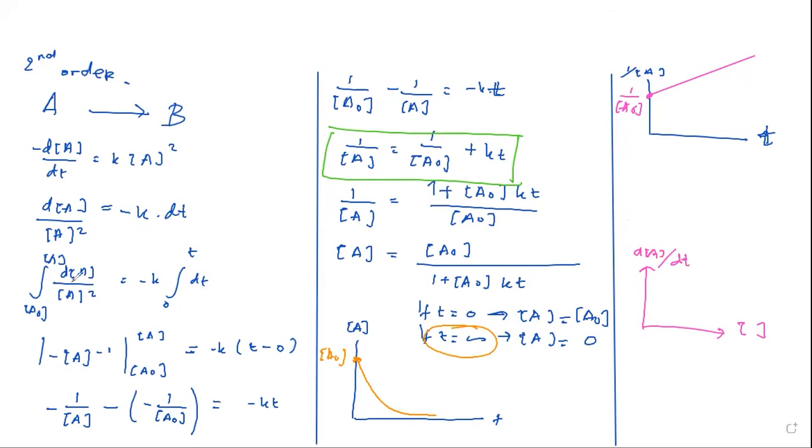Once again, you can ignore the negative sign for the rate versus time graph, because we just need the value. So dA over dt equals k times the concentration of A squared.